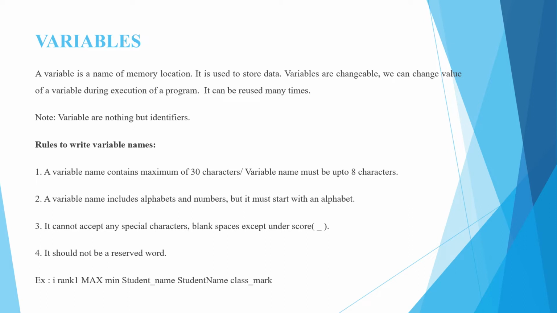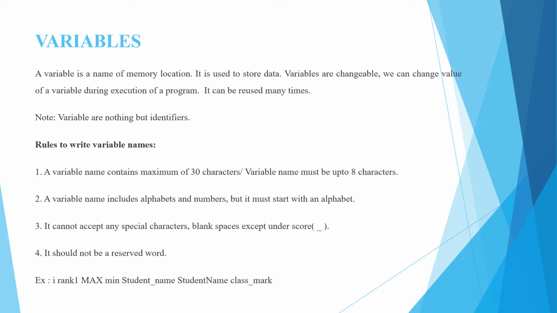So here are some of the rules to write variable names. What are the rules for forming variable names? The first rule is that a variable name contains a maximum of 30 characters. A variable name must be up to 8 characters.